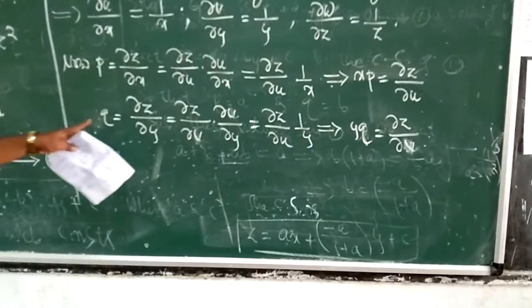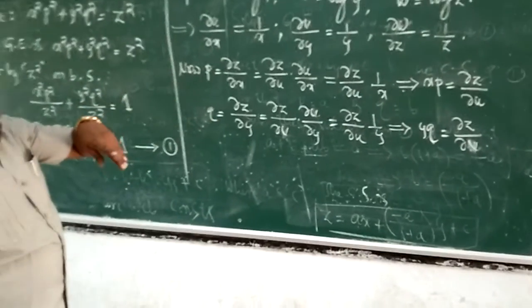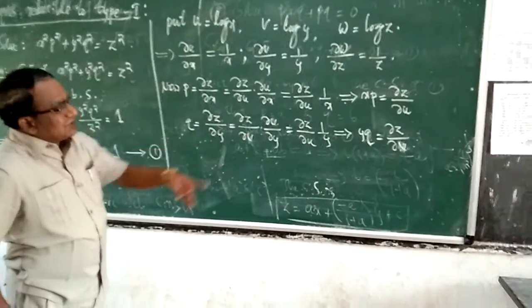So we have obtained what? xp is equal to dou z by dou u and yq is equal to dou z by dou v.